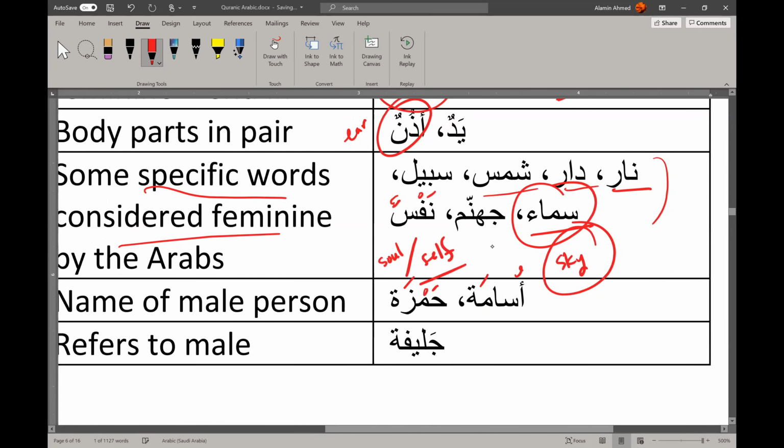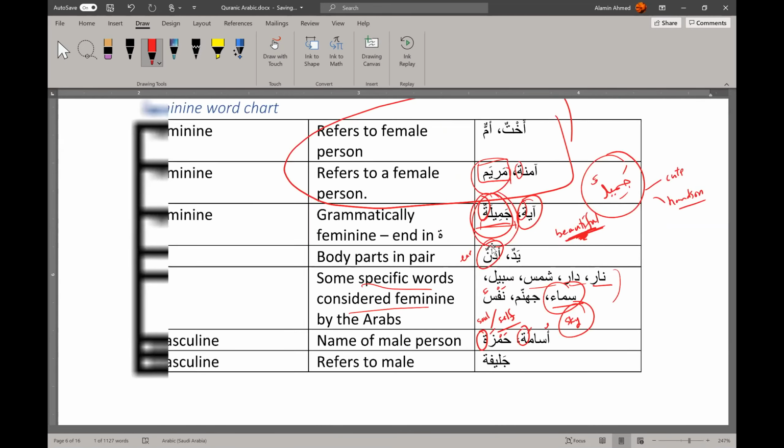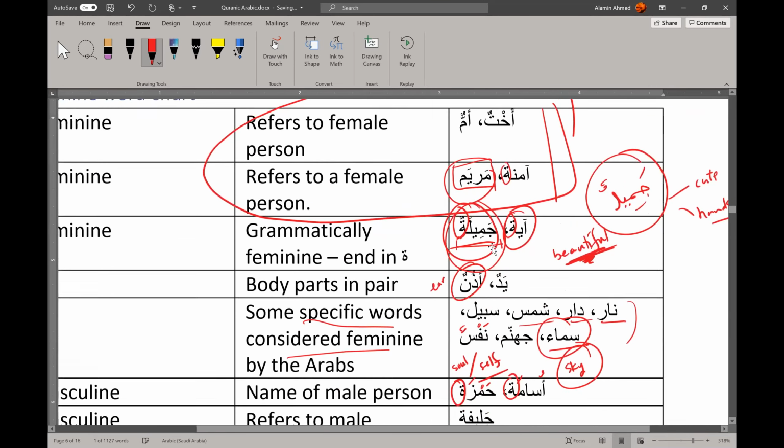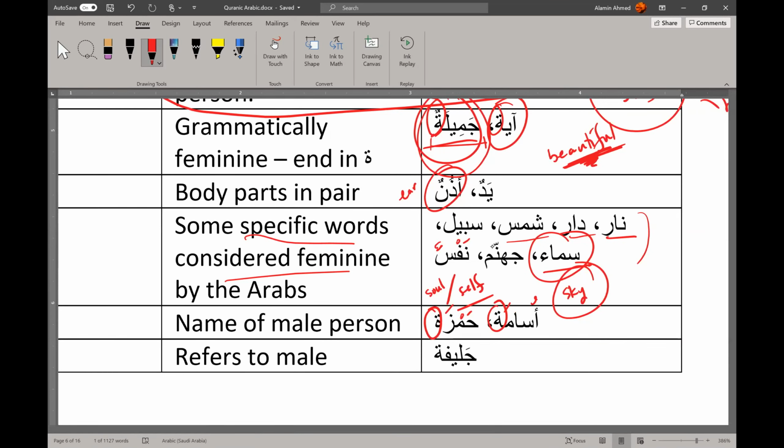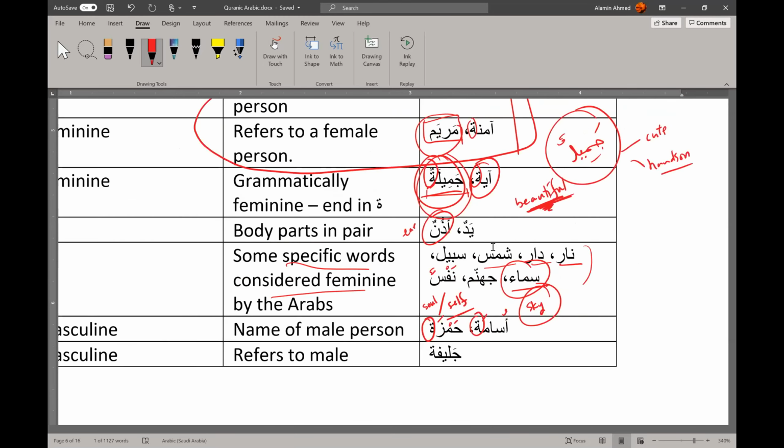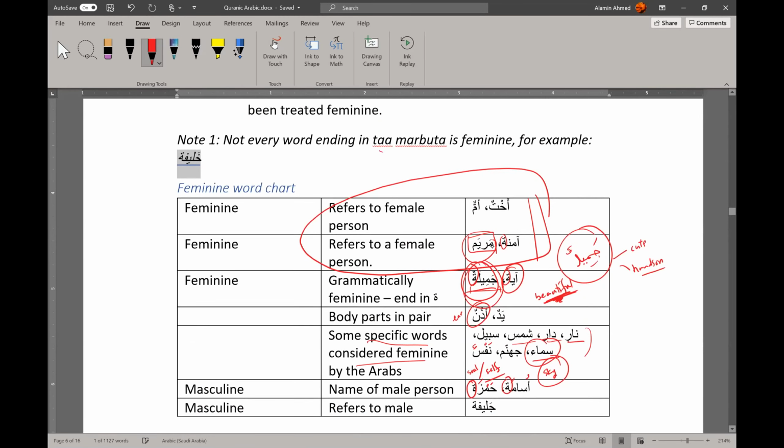Hamza is the name of a Sahaba, radiallahu anhu. How do you deal with them? Now we have this beautiful tamarbuta sitting there. Remember what I said: once you know this is a real person, it doesn't matter about anything else. We know he is masculine, so we will treat him as a masculine person. This is what I mean: tamarbuta does not always mean feminine.